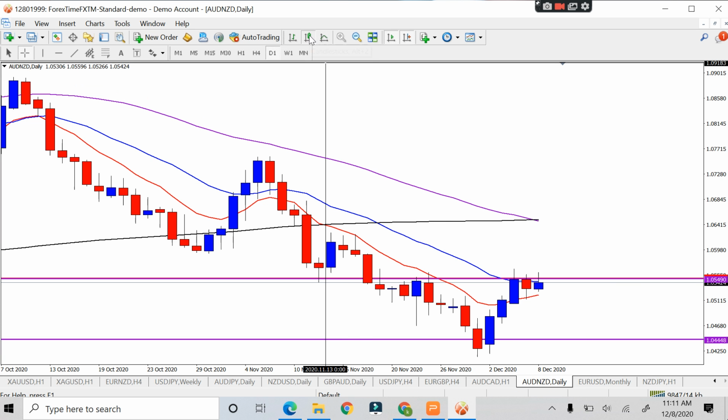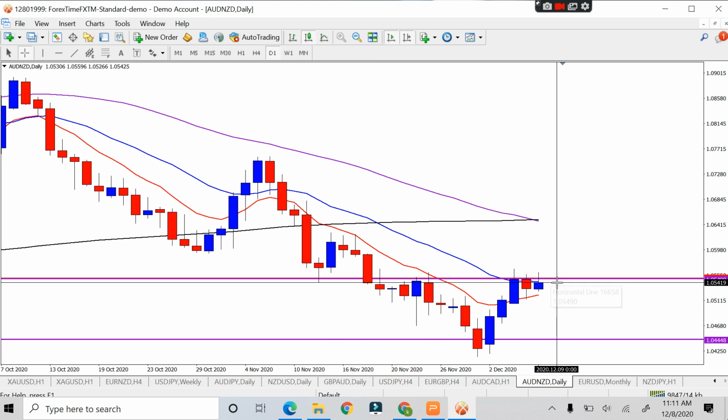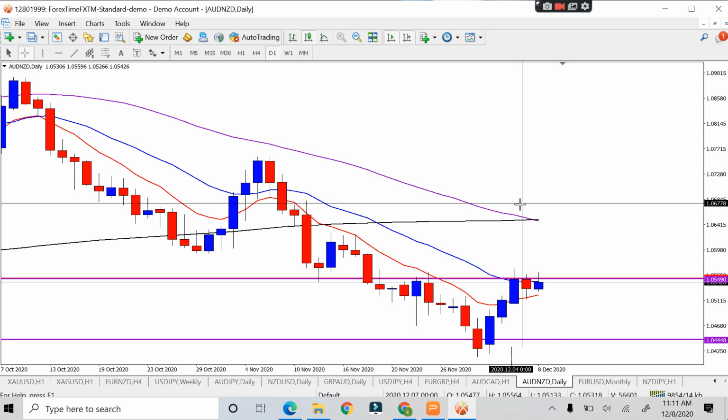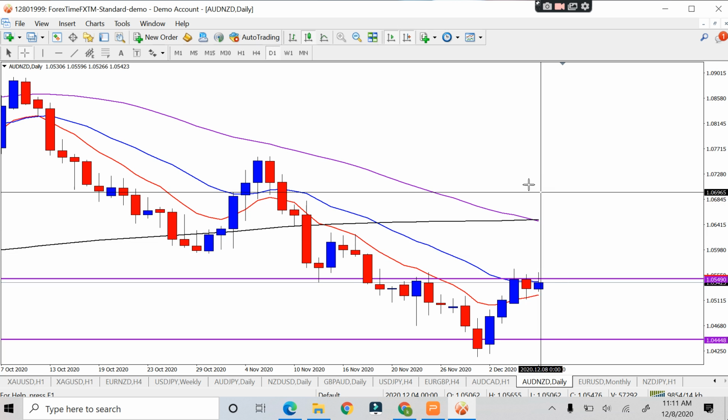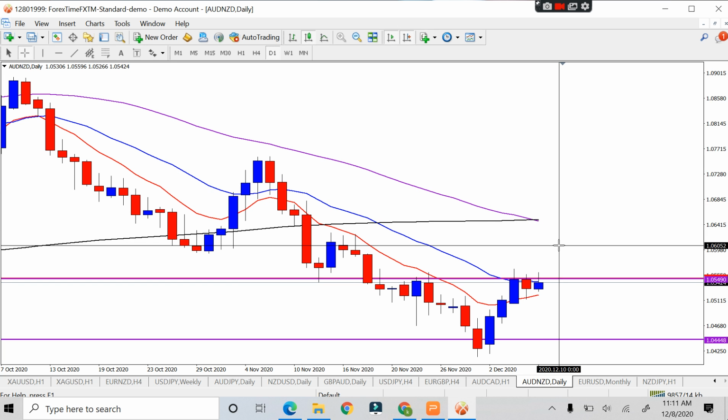If it can't break past that line, we will have a direction, which tells me it's going to go down. Now, looking at the moving averages, I have a golden cross on the daily time frame. This time around, the 50 moving average has crossed the top downwards. So that tells me there is heavy selling pressure on this pair.